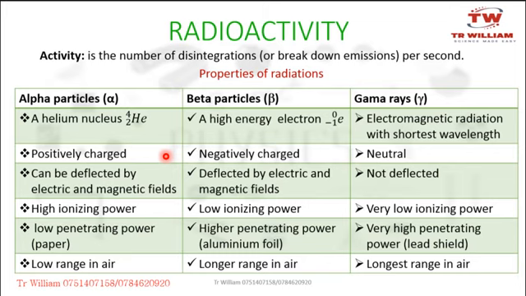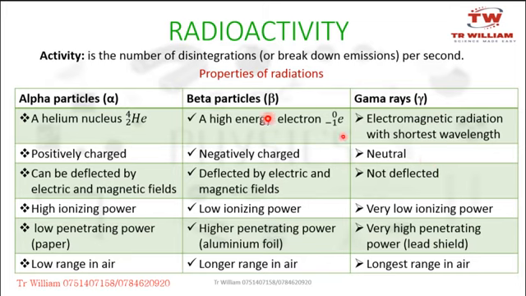Whereas the beta particle, since it is an electron, and electrons carry a negative charge, is negatively charged. Gamma rays are neutral in nature because they have neither protons nor electrons.